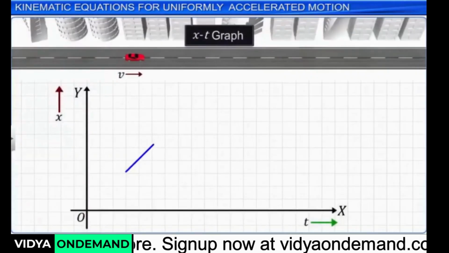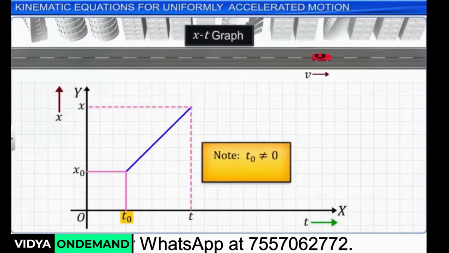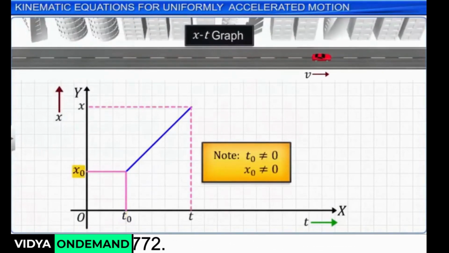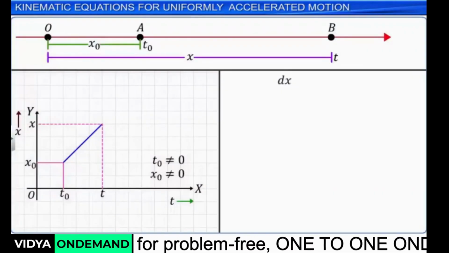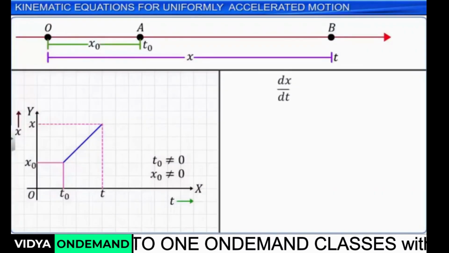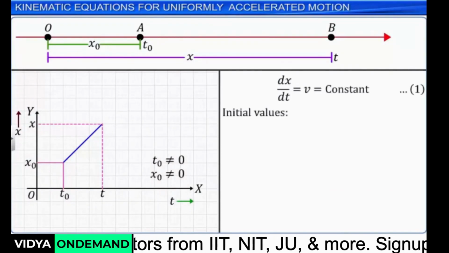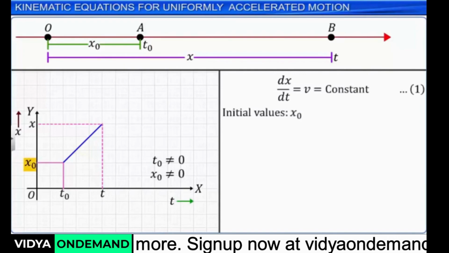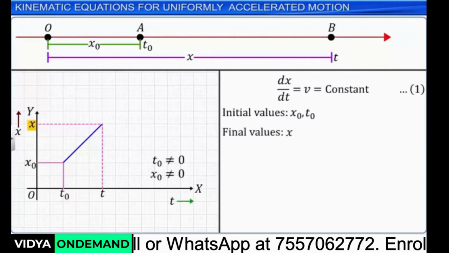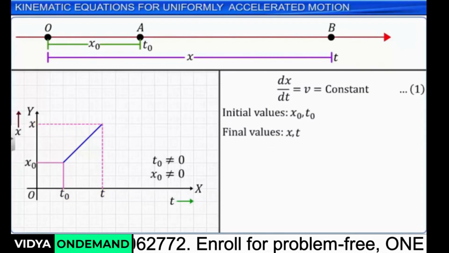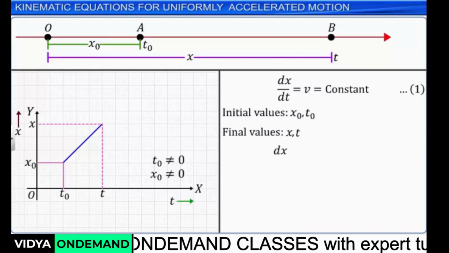Observe the xt graph. T0 is not equal to 0 and x0 is also not equal to 0. dx by dt is equal to v, which is a constant. Initial values are x naught, t naught. Final values are x, t. Cross-multiplying equation 1, we get dx is equal to v into dt.